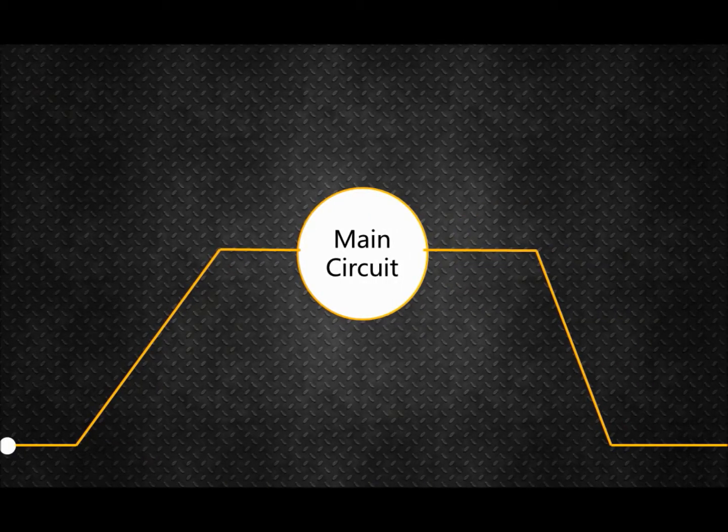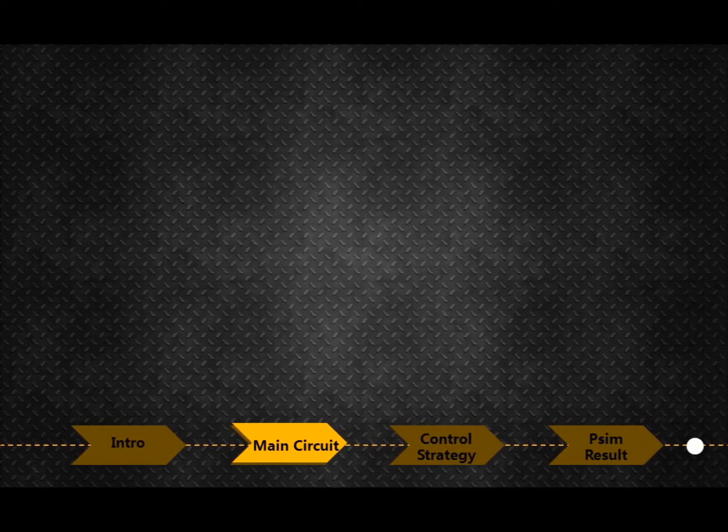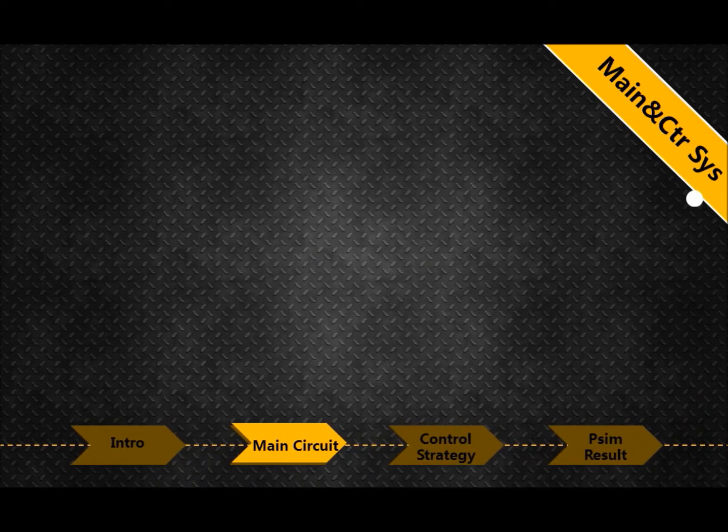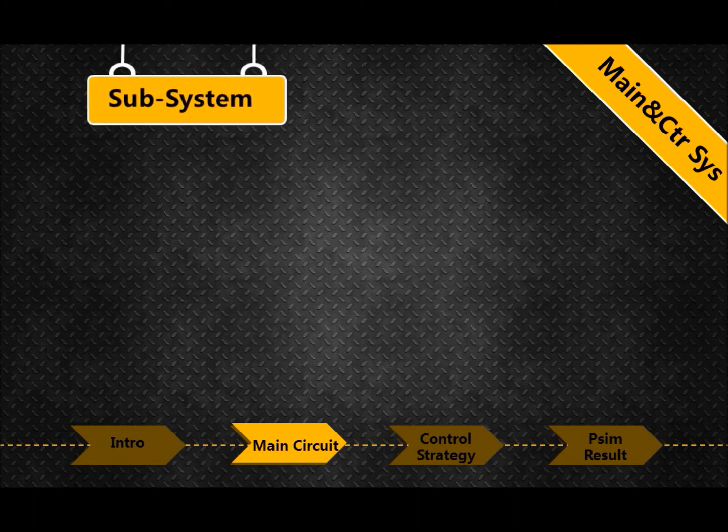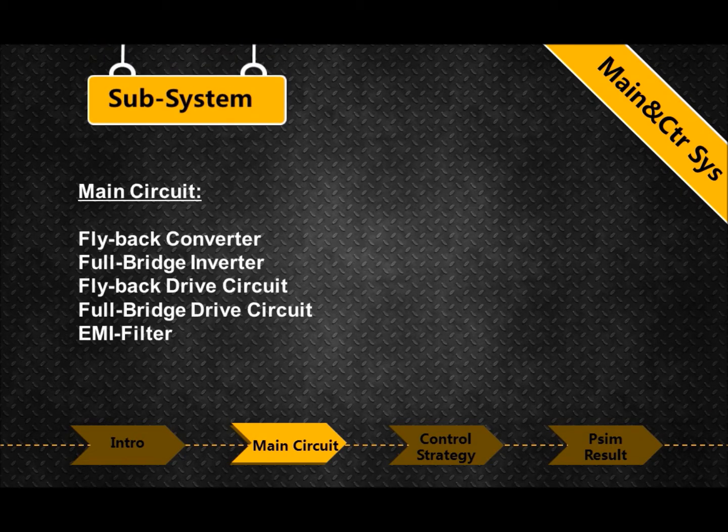Some parts of our main circuit. Our main circuit consists of a flyback converter, a full bridge inverter, a flyback drive circuit, a full bridge drive circuit, and an EMI filter.